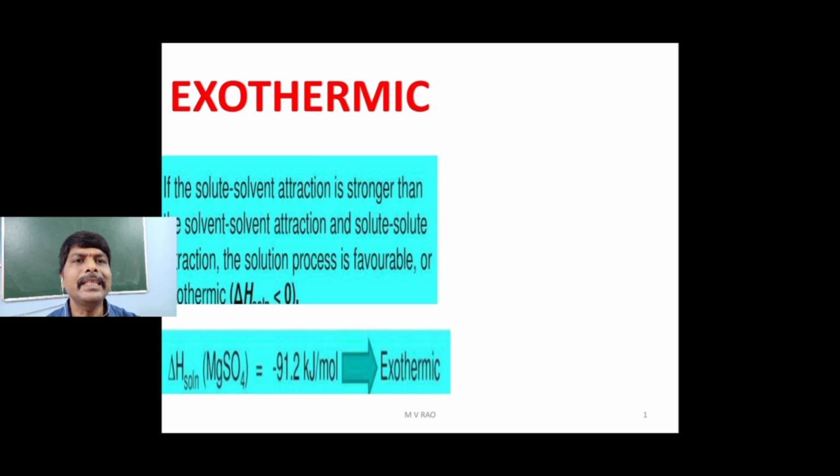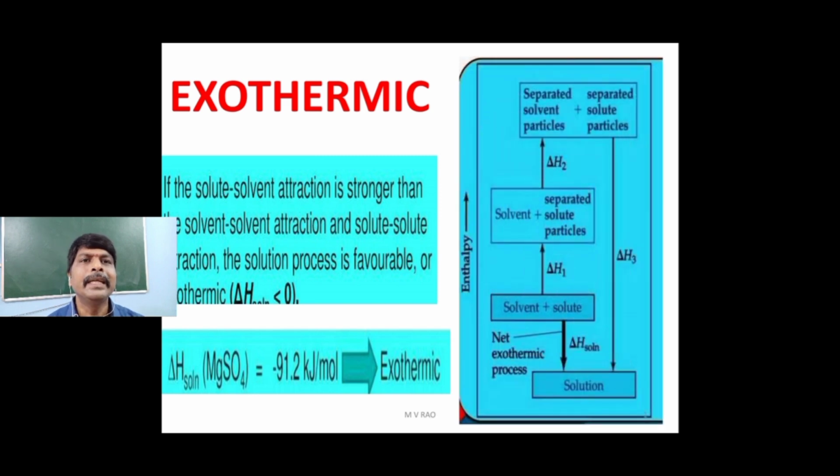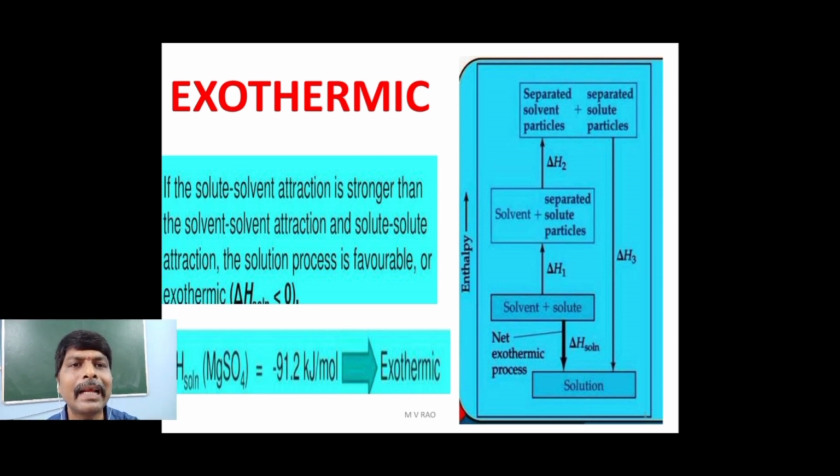Why is it exothermic? Here solute-solvent attraction is stronger. You can see in this flow chart also that solute-solvent attraction is stronger. That means delta H3 is greater than the sum of delta H1 and delta H2.